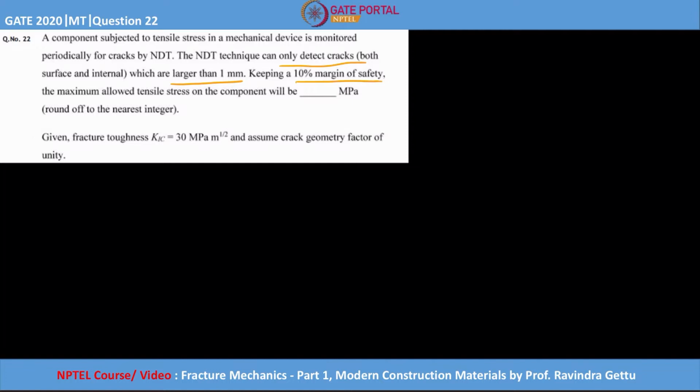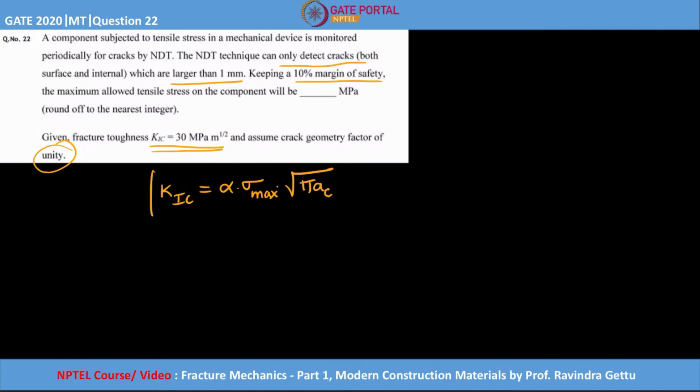And we have been given KIC, which is the fracture toughness, which is 30 MPa root m, and assume the crack geometry factor as unity. So basically KIC, which is nothing but the fracture toughness or the critical stress intensity factor in mode 1 cracking, can be written as alpha into sigma max times root pi AC.